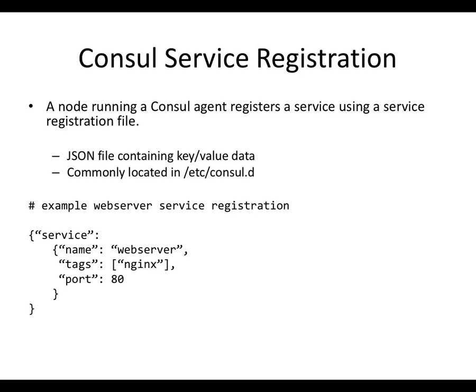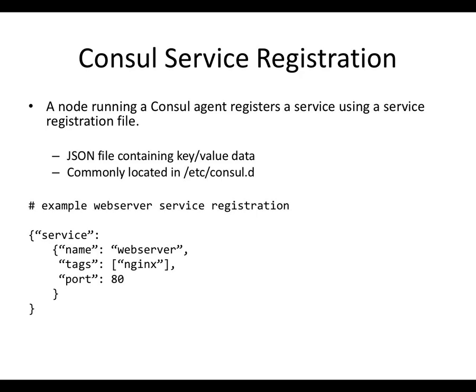It's saying there's a new service called the web server service, tagged with Nginx, and it's running on port 80. So the Consul agent sends that to one of the Consul servers, and then this service registration is distributed amongst all of the Consul servers. And so it's consistently written to all of those systems.